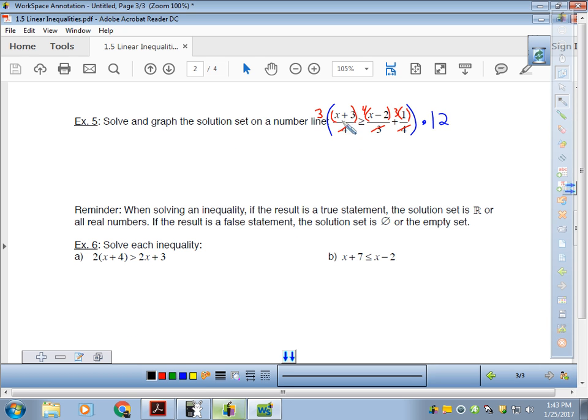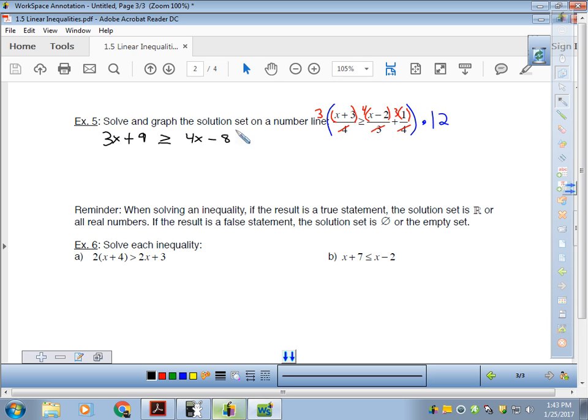So I have 3 times (x plus 3), which is 3x plus 9. And then I still have my greater than. 4 times (x minus 2) gives us 4x minus 8.